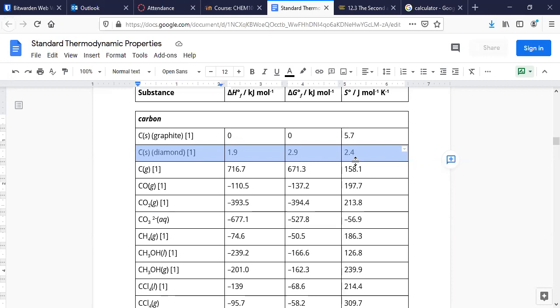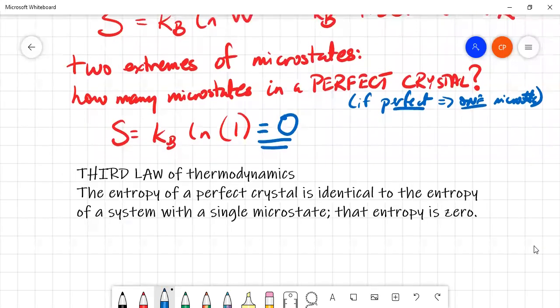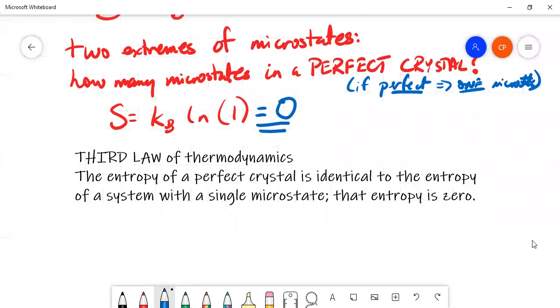So here's the flip side that I want to describe. How many microstates does 1 mole of the most perfect crystalline stuff we can imagine in nature have? Okay? And that's going to be my other extreme tail here.